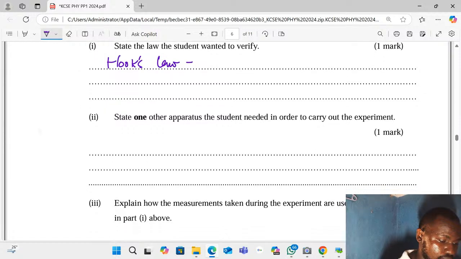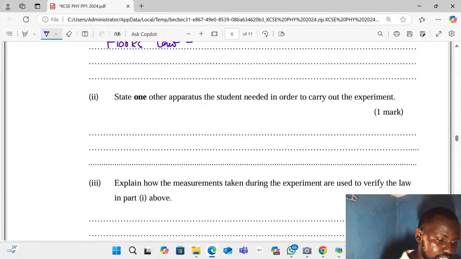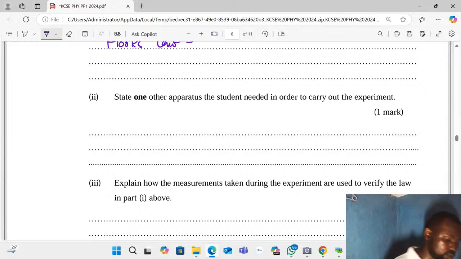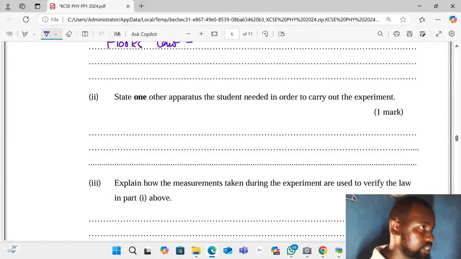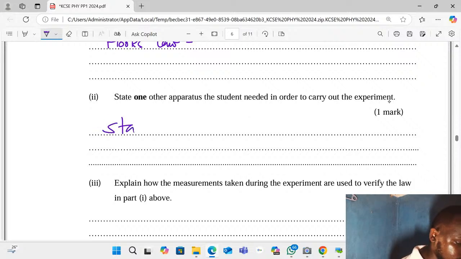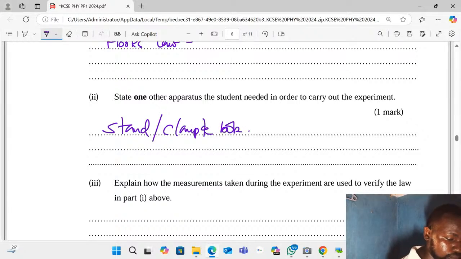State one other apparatus the student needed in order to carry out the experiment. So where are you going to place the meter rule? You can only put it in a stand, or you can say a clamp.